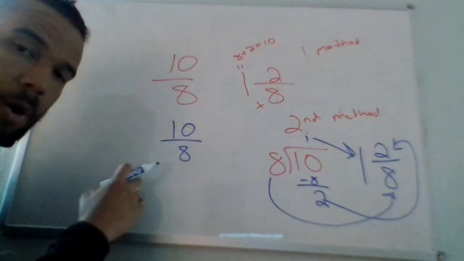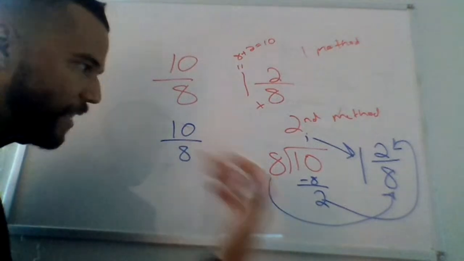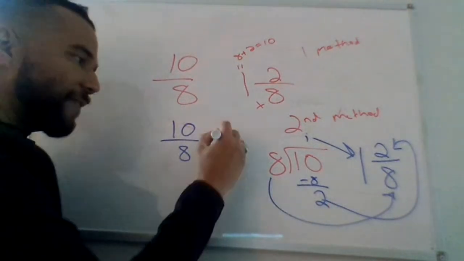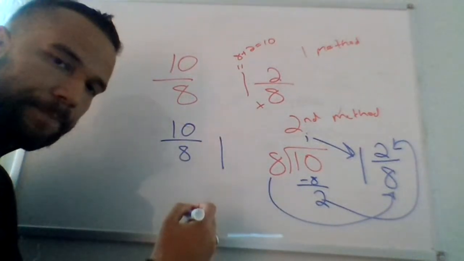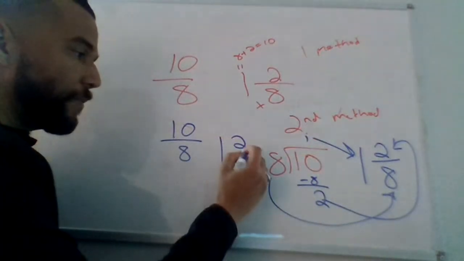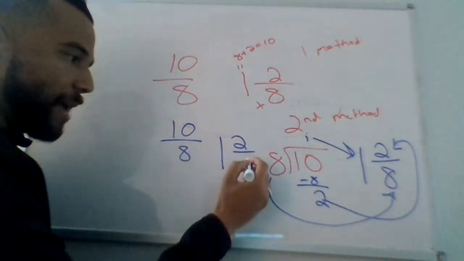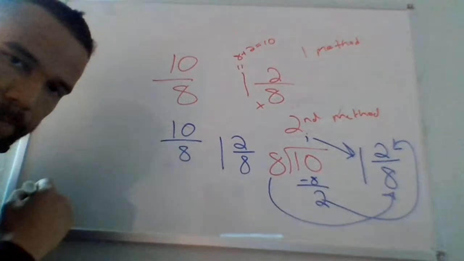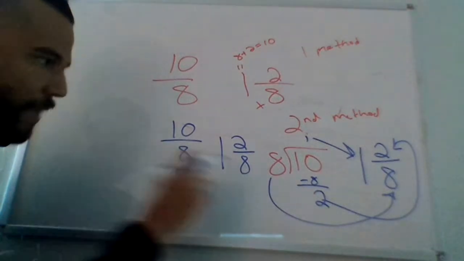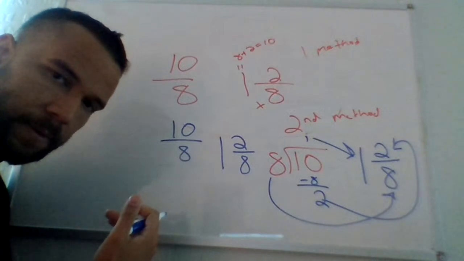That's improper. Or I could say, wait a second. If the bus holds 8 people and I have 10, I can fill up one whole bus, right? And then get another bus where the other 2 people could fit. Those 2 people could fit on the other bus that holds 8 people. So that's why we like to play around and move the numbers around, right?